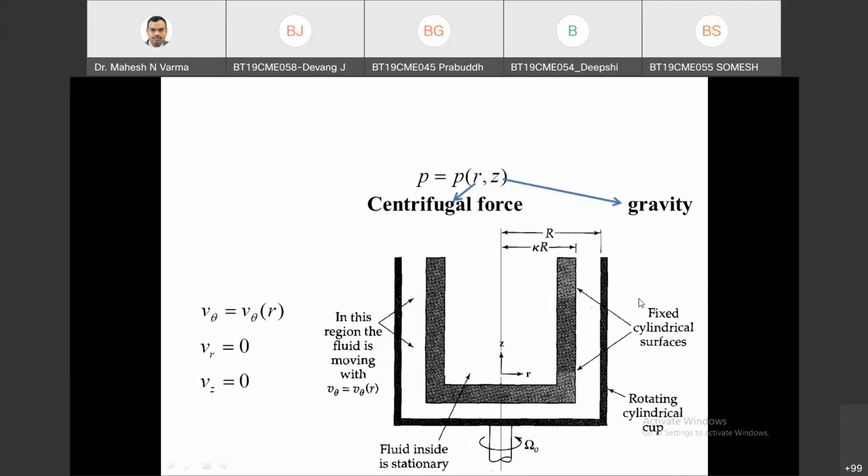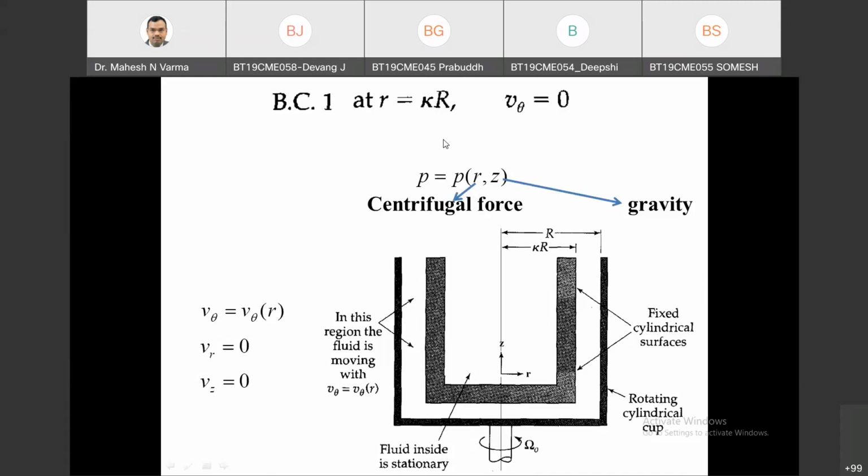This information is available in the R equation of change and the Z equation of change. But for this problem, we are interested in deriving the velocity profile for V theta only. So this information we'll look into in the next problem.